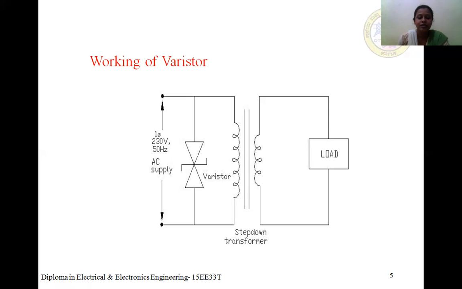Hence, surge voltage suppression can be achieved. In this way, by connecting the varistor between the supply voltage and the transformer, we can protect our electronic devices. So this is the working of the varistor.